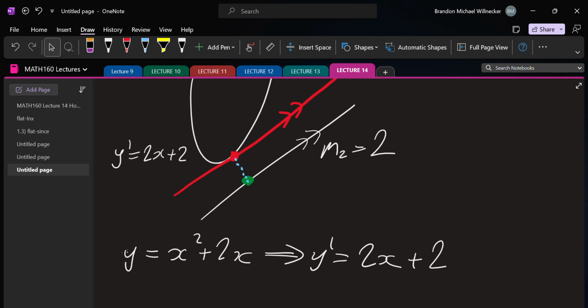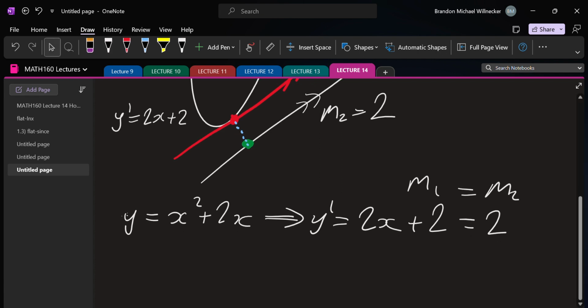So we've got that gradient there. This must be equal to what? 2. Good. We want the gradient of the red line to match the gradient of the white line. So if that gradient is 2x plus 2, and that gradient is 2, they must be equal. So here this is M1 equals M2 for the lines to be parallel.